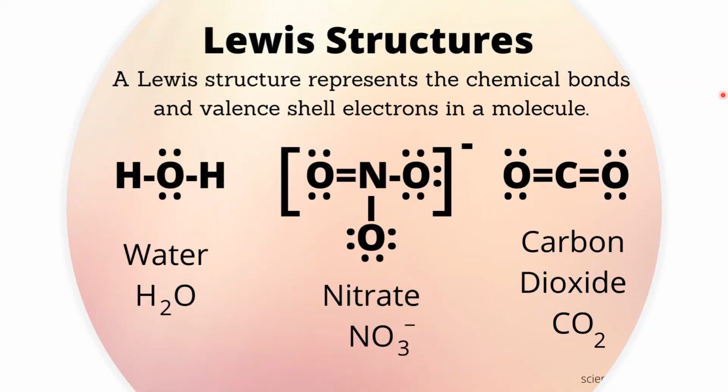Sometimes you might see our molecules represented in Lewis structures. A Lewis structure just shows you where everything is in the molecule, where all the electrons are, where the bonds are, what atoms are in the molecule. So over here we've got our water molecule, hydrogen, 2 of them. If you look in the formula, it says 2 H's, 2 hydrogens, and 1 oxygen. So we've got 2 hydrogens on the outside, we've got our oxygen in the middle. We have some bonding here.